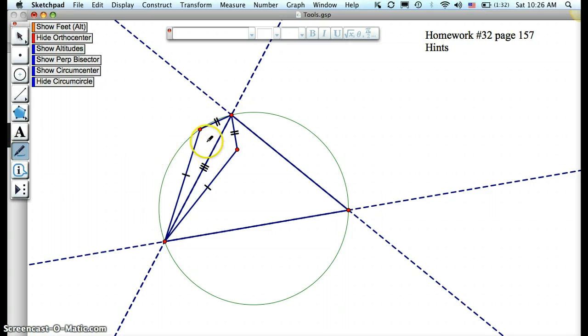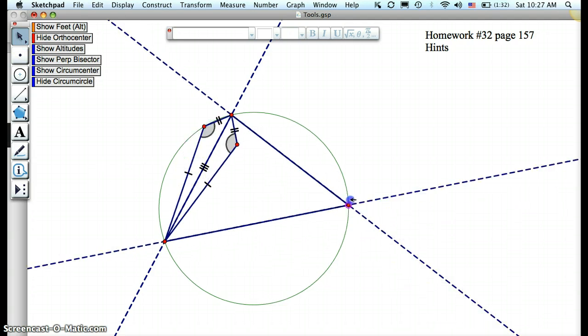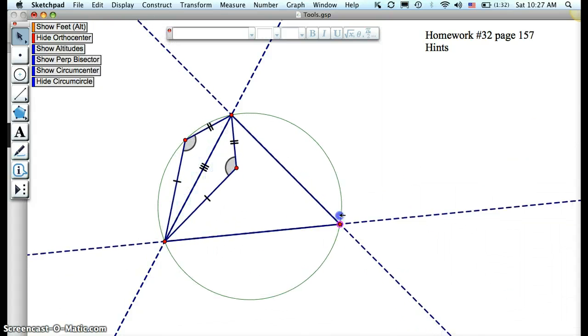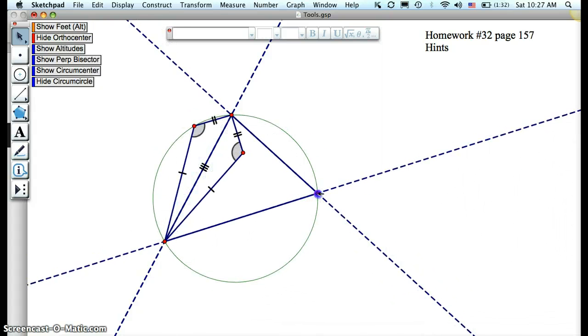Then I can conclude that the corresponding parts are congruent, so this angle here is congruent to this angle here. So I think that should be a helpful start. Unfortunately, I think the next step is sort of out of the blue, so I wanted to show you this so that you didn't get totally frustrated with this problem.